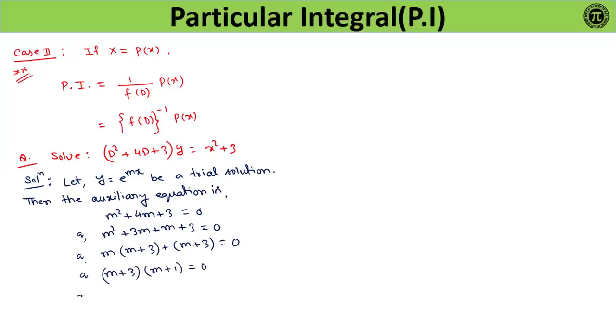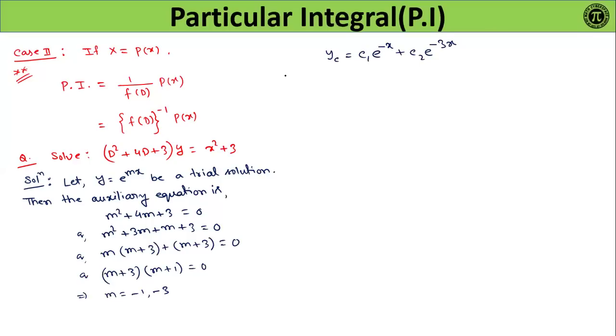That means you have two roots, m equals -1 and -3. Okay, so obviously two different real roots. So the complementary function will be yc equals c1 e to the power minus x plus c2 e to the power minus 3x, where c1 and c2 are arbitrary constants.